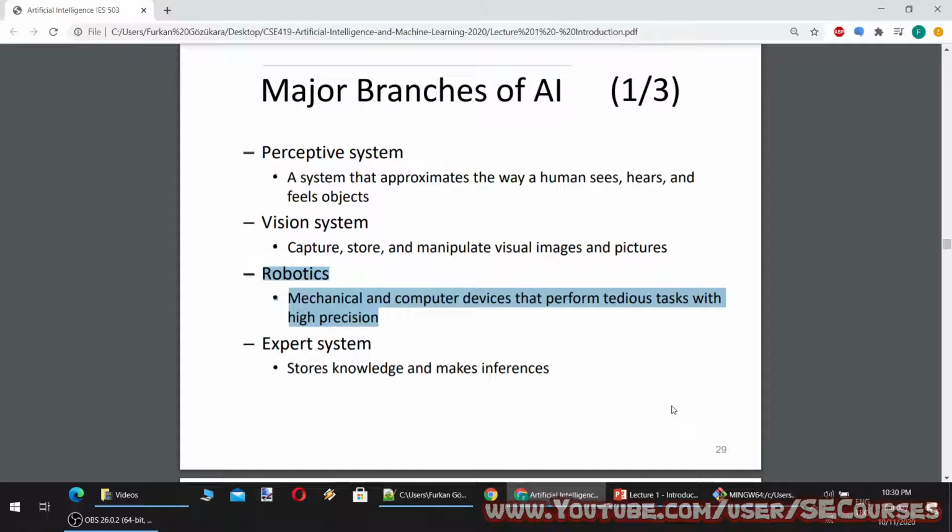Let's say you want to open a door, cut something, or construct something. Everything depends on robotics. Robotics are already very advanced with high precision for expert systems. For a predetermined task, it works extremely well with high precision. However, if you want to build something for general use, they are still inferior.